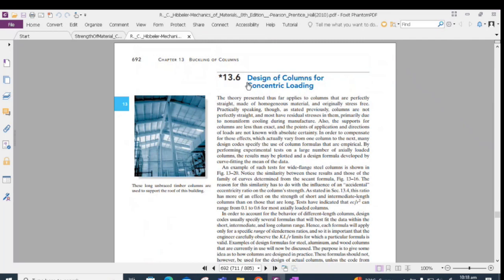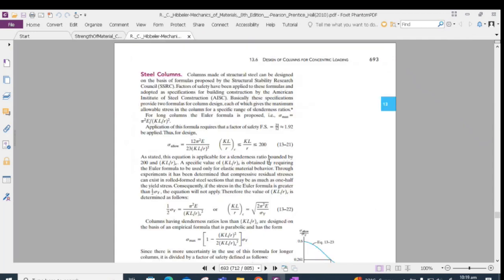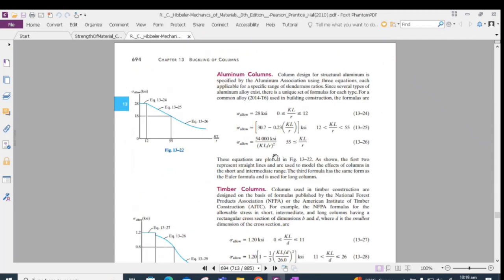In section 13.6, we are given design of columns for concentric loading. If we come down, we are given some formulas for aluminium columns. According to this formula, if the slenderness of an aluminium column is between 0 and 12, then we can use the allowable stress equal to 28 ksi.